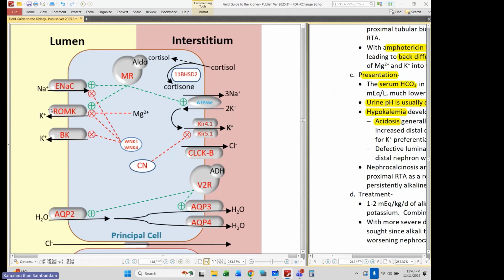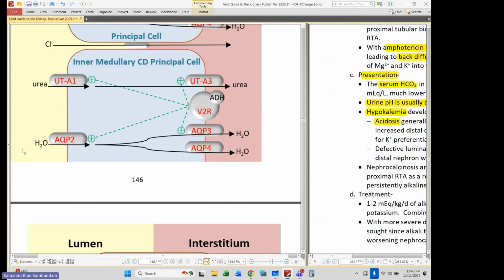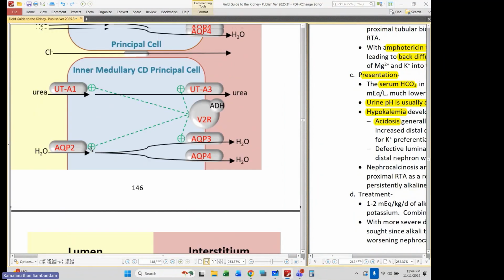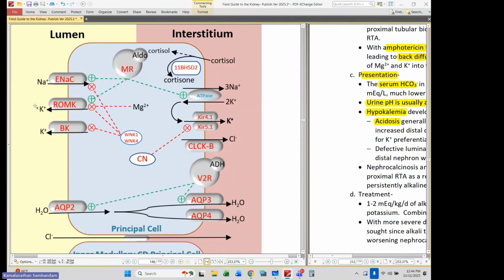And potassium is one way in which that negative potential difference is balanced. Proton secretion is another way. If I have impaired capacity for proton secretion, I have more K wasting. Okay, so that's a fairly intuitive explanation that is offered.